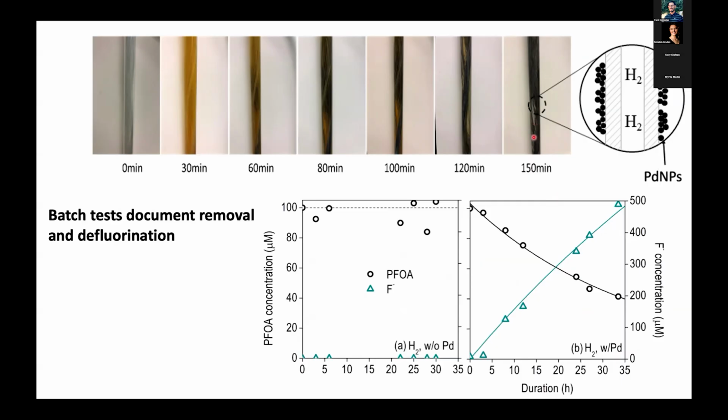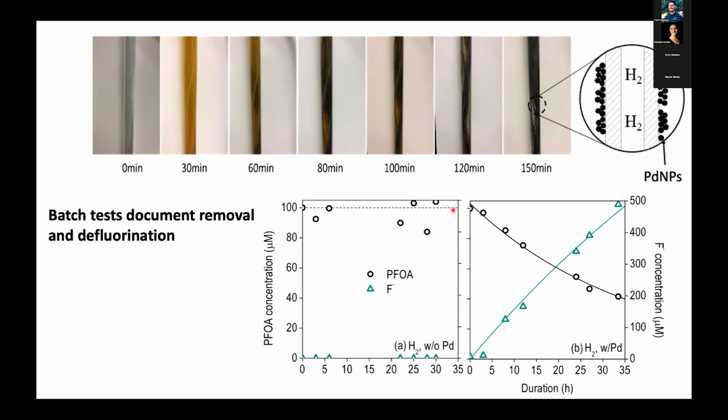Now we've got the palladium nanoparticles on the membrane, and we can use it to do defluorination. I've shown one simple example here. This is a batch reaction where we just added PFOA at 100 micromolar. In this left-hand panel, we didn't have any palladium, and nothing happens.